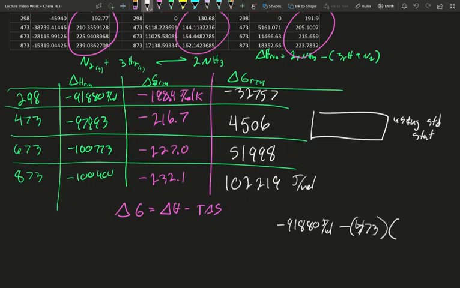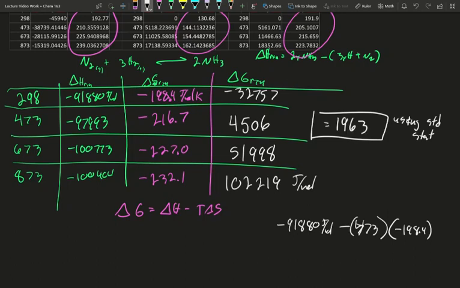And we try to use the standard state value for the entropy, minus 198.4. Had we used our standard state entropy and enthalpy values, the delta G we would calculate at 473 would have equaled 1963.